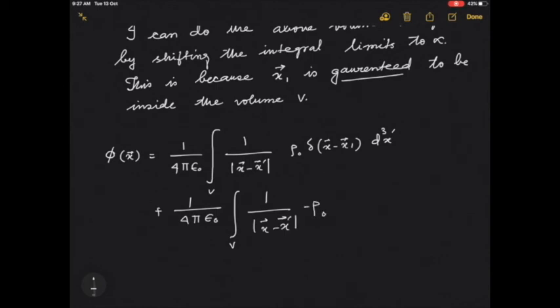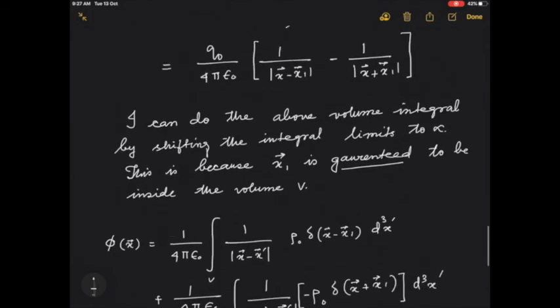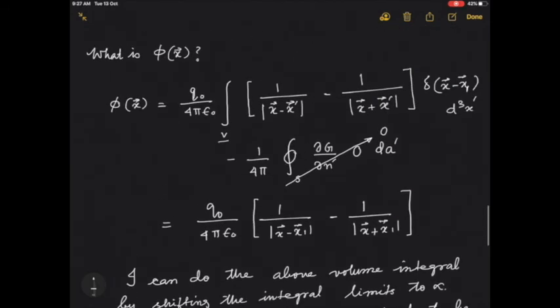You see the Green's function remains as it is. The density now is this. The first integral is exactly the same.